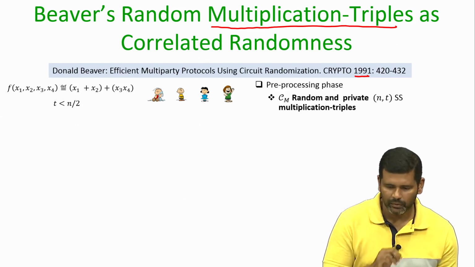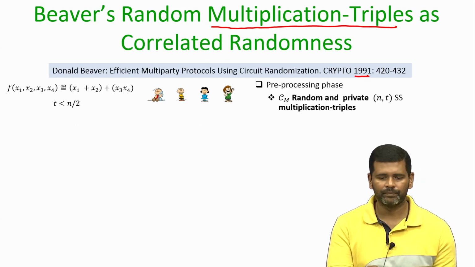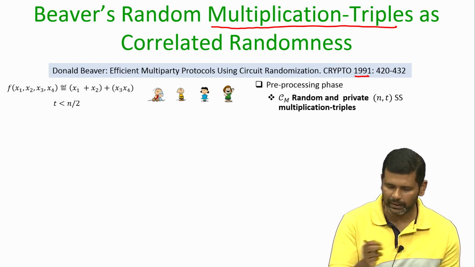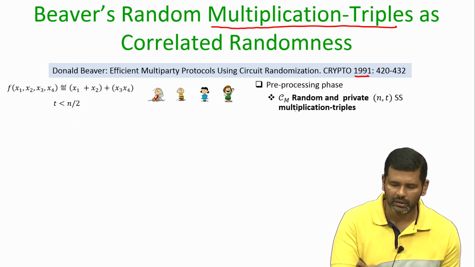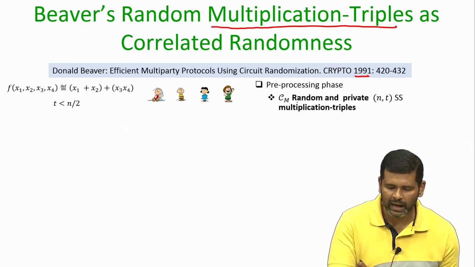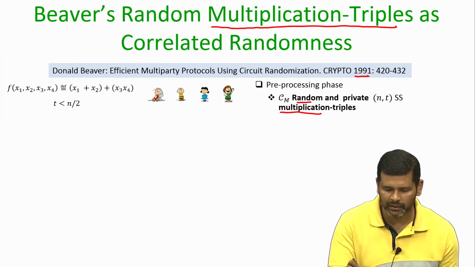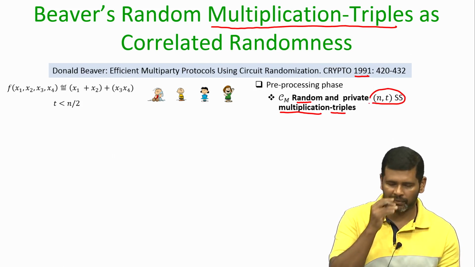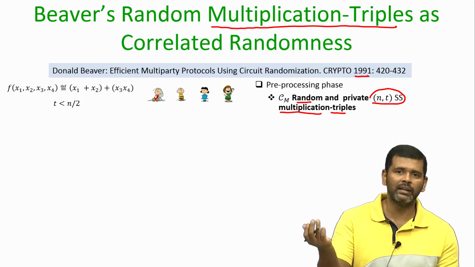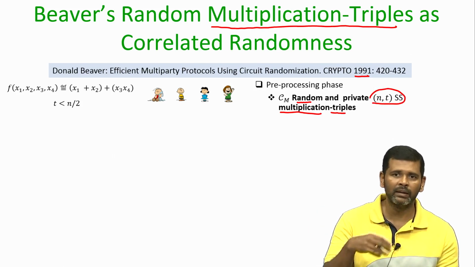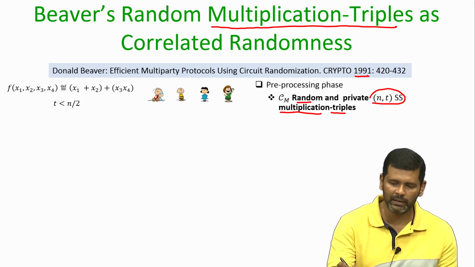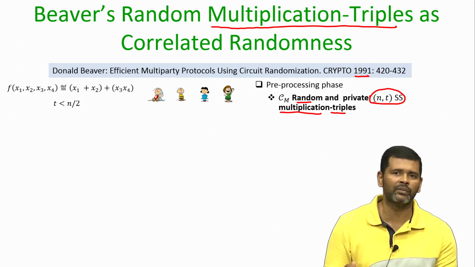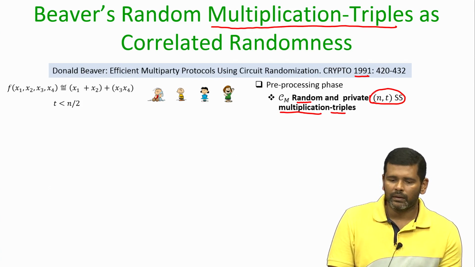So, what is the form of pre-processing data that is generated in this method? The pre-processing phase generates what we call random multiplication triples in n comma t secret shared fashion, or it could be as per any n comma t linear secret sharing scheme, but for the purpose of demonstration we will focus on Shamir secret sharing.